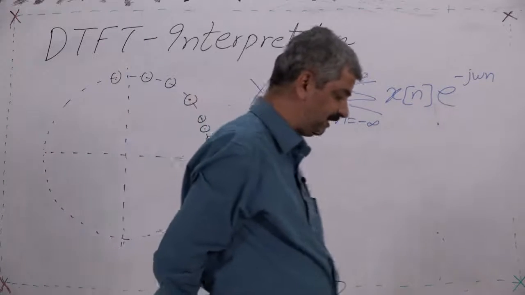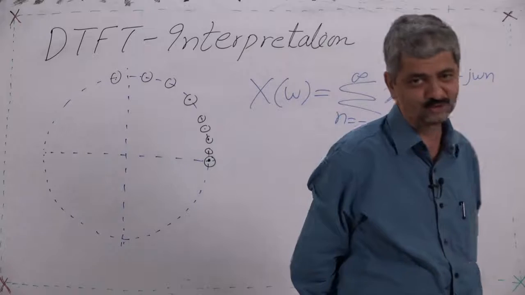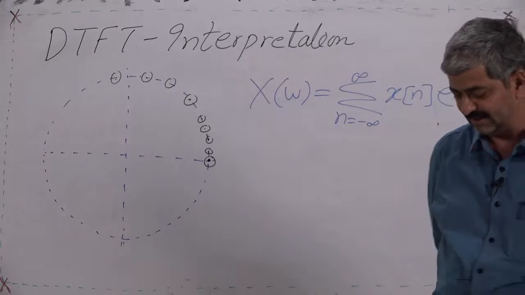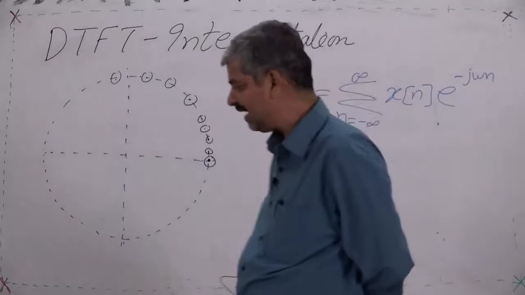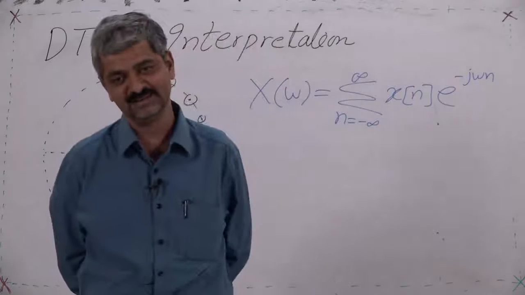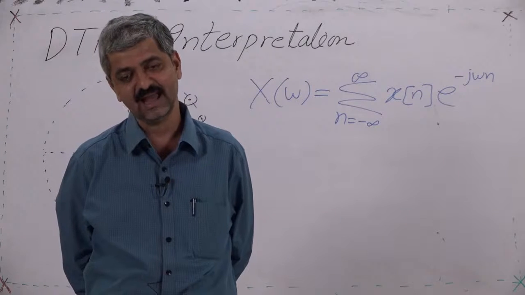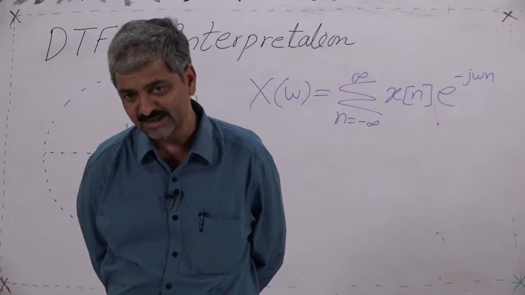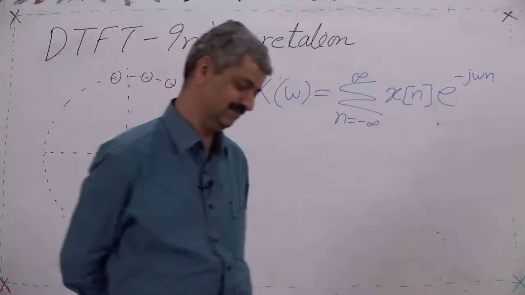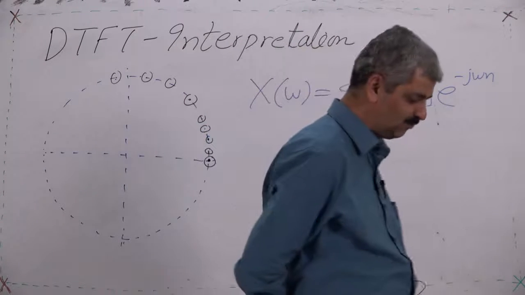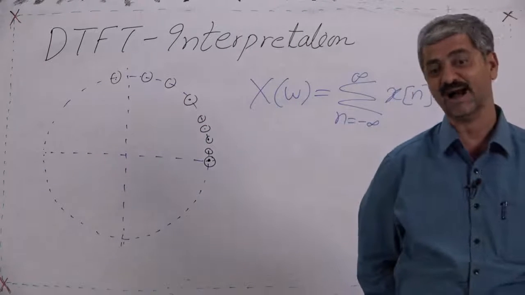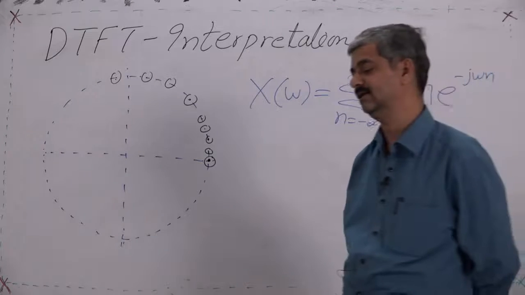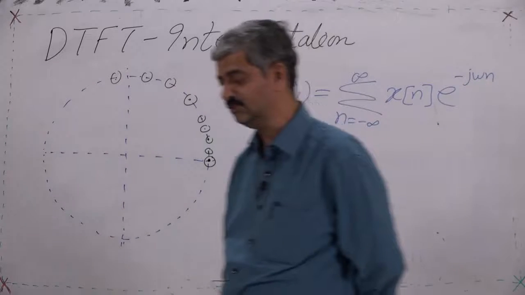Then if xn is also a rotating point in 2D plane, that is the crux. If you multiply one rotating point by another rotating point, what is the resultant? Listen very carefully and try to find out the answer.